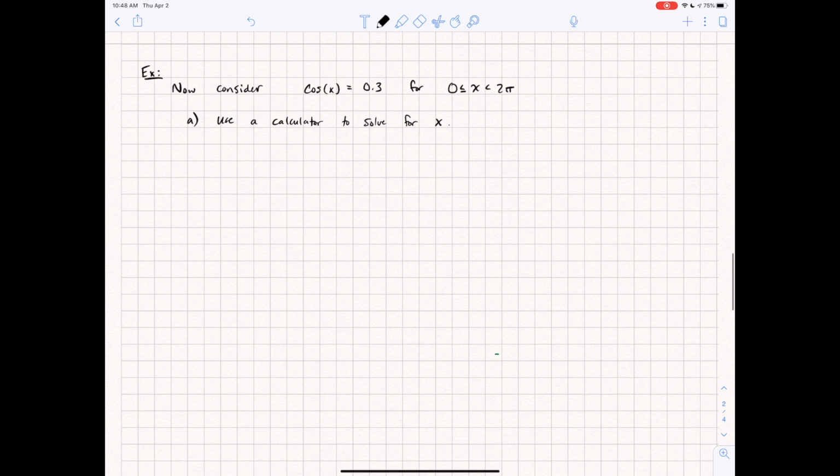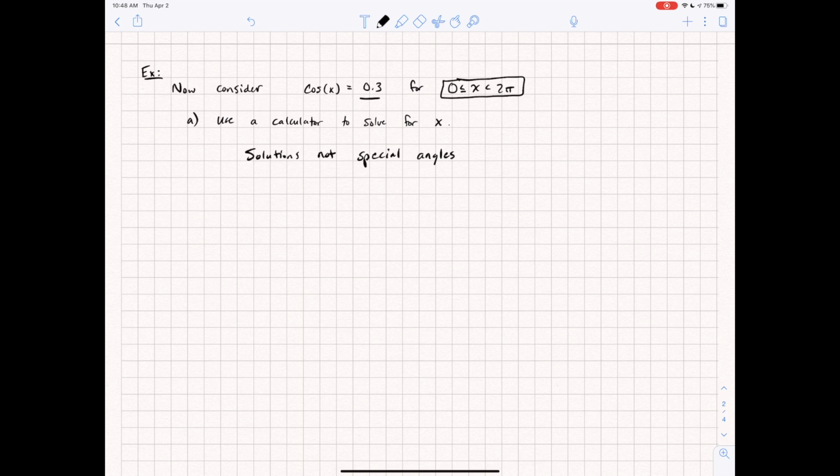Consider cosine of x is equal to 0.3, and I want to consider this for all of my x's from 0 to 2 pi, so x is a radian measure. Now, 0.3 is not on the unit circle, meaning that my solutions are not exact values. They're not special angles, so I can't just look at the unit circle to solve.